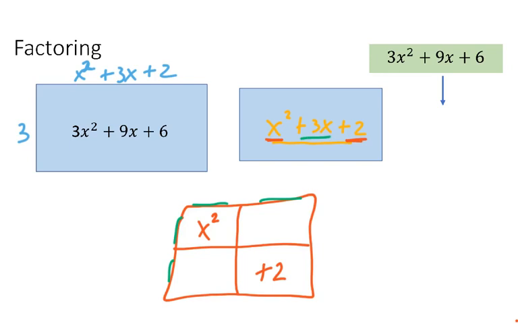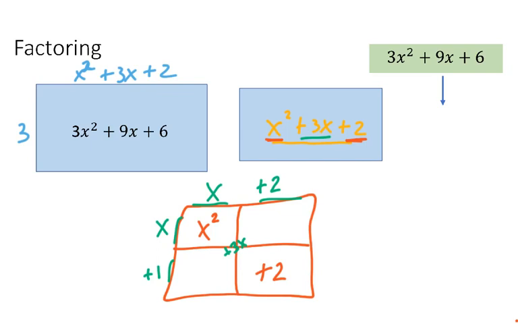Now this middle term 3x, it's positive. That's going to be made up of these two boxes. So the first thing that I start off with is this x squared, two things that multiply together to get that. That's going to be x and x. Now we need two things that multiply together to get positive 2. So we need a positive, we only have so many options here, a positive 1 and a positive 2.